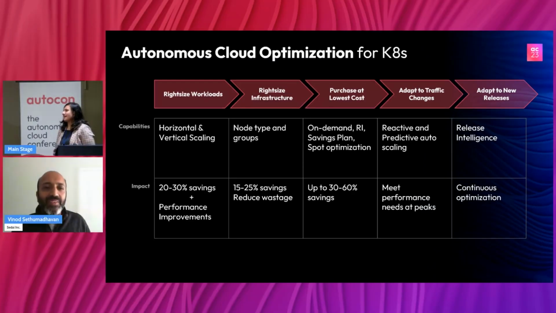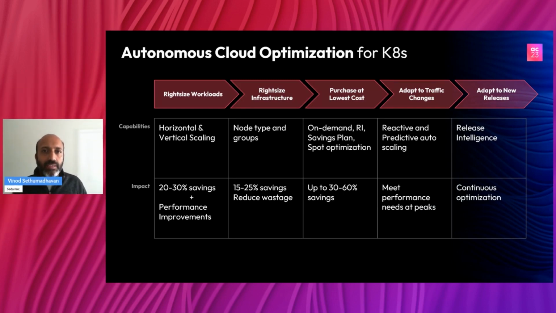Okay, so now that you've heard about what the challenges are in optimizing a Kubernetes system, let me talk about how Sedai does it as an autonomous system. We start with right sizing the workloads. The reason we start with that is the philosophy that pods in Kubernetes are the smallest units that you can work with.